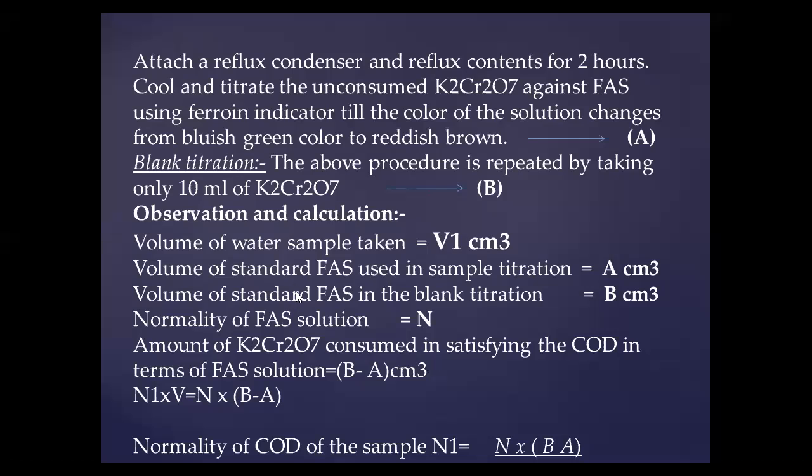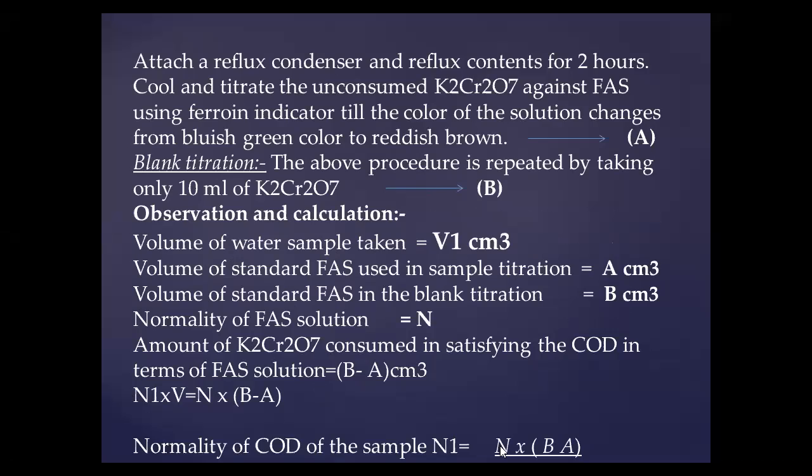Now the same thing we are going to substitute here. V1 is the volume of water we have taken, and N1 we take as the normality of COD of the sample.